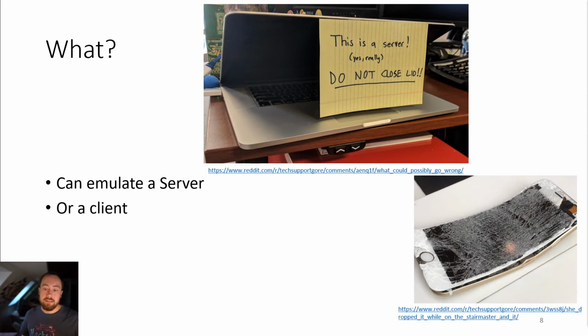Or they can emulate a client, like a browser, for finding drive-by downloads or malicious JavaScripts. The majority of honeypots I know of are server honeypots, so this is what you tend to find outside.